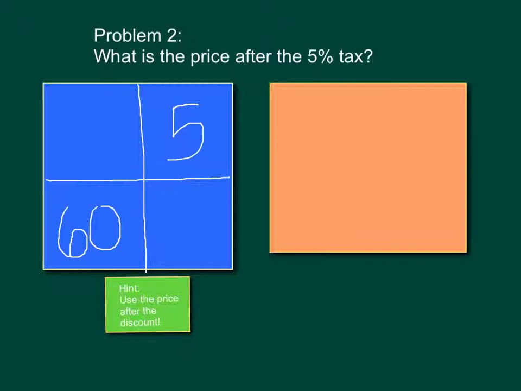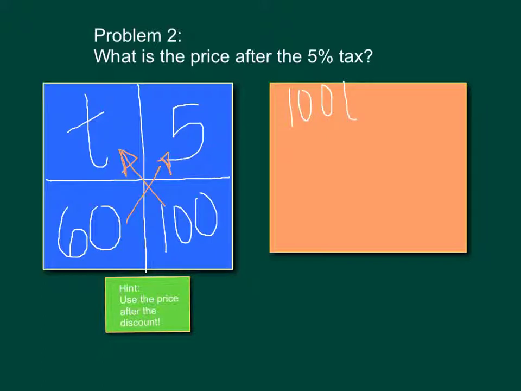I have 5% tax out of 100% total. And I don't know what that tax amount is just yet. So I'm going to cross multiply. Now I have 100 T, or 100 tax, equals 300. Now I will divide by 100 on either side, and my tax amount is $3.